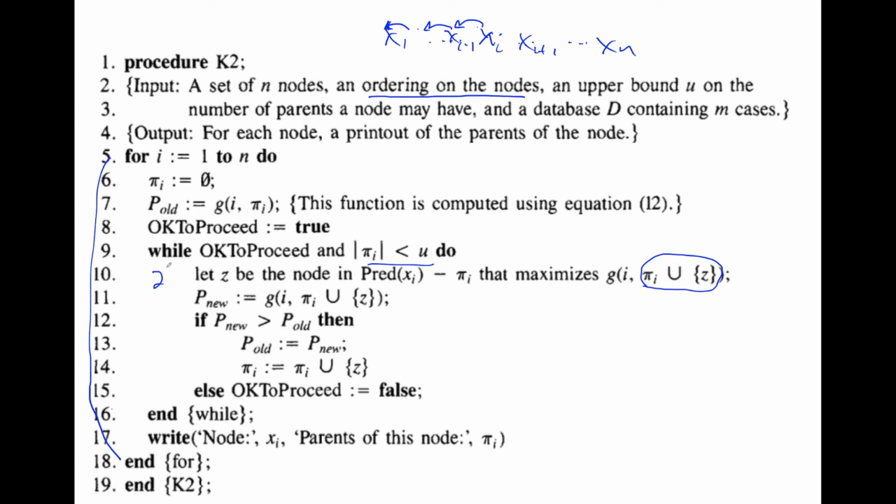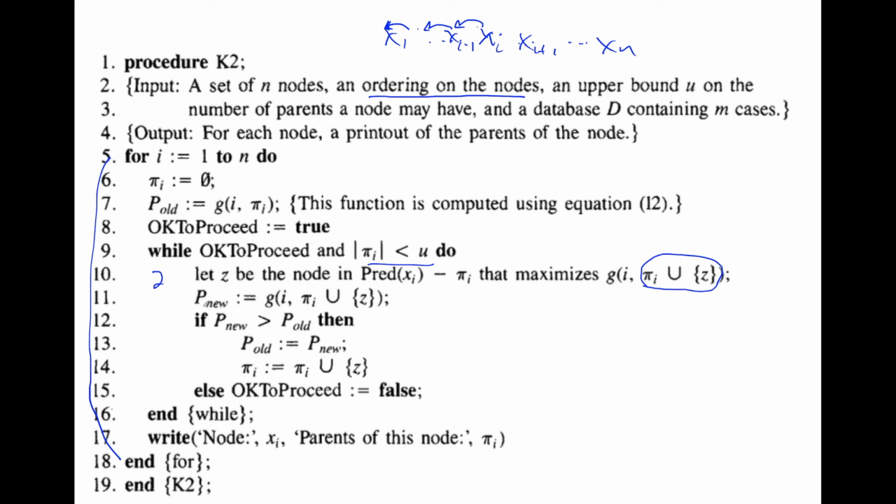And you're going to limit the number of parents to be U. And so you're going to go back to that predecessor list, looking for the one that maximizes the family score. And once you find someone that maximizes the family score, you're going to run over some number of nodes, i minus 1 many of them. And for that, that's very doable in polynomial time because you're only going to search up to a certain number going back in the past.